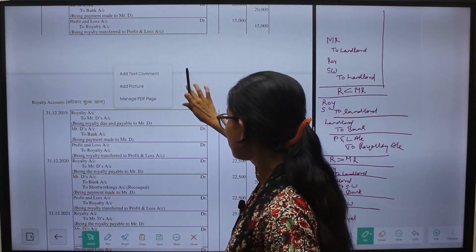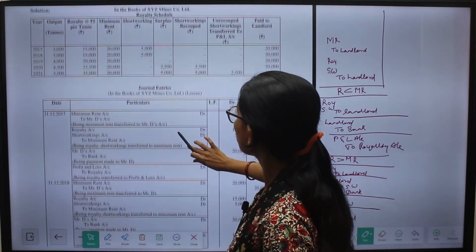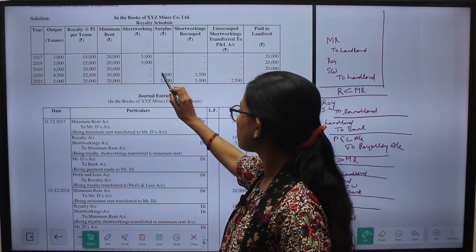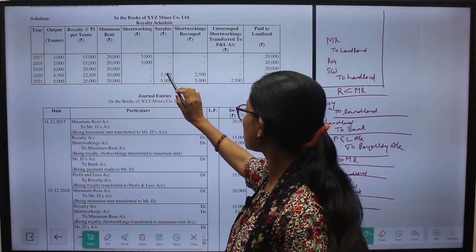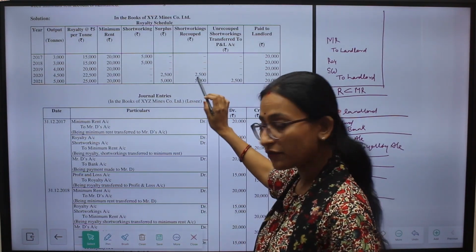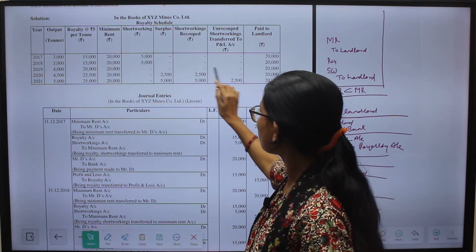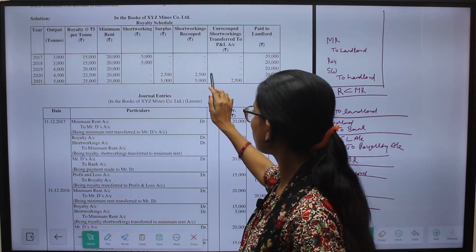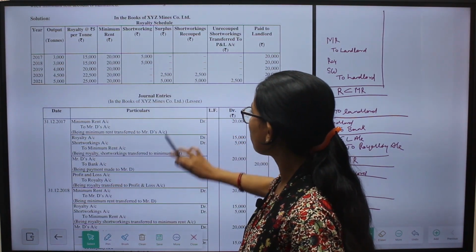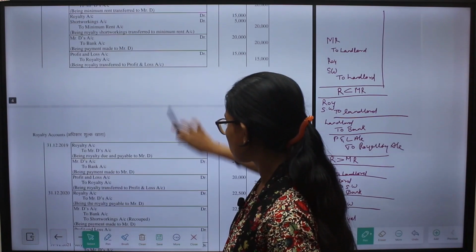After passing the due entry, we will pass the recoupment entry and payment entry. In this entry, how much can we recoup? See, in the table you can see it. The surplus is only 2,500. So we have the opportunity to recoup only 2,500 rupees. So in the recoupment amount, we will put 2,500. Payment amount, we will put 20,000.